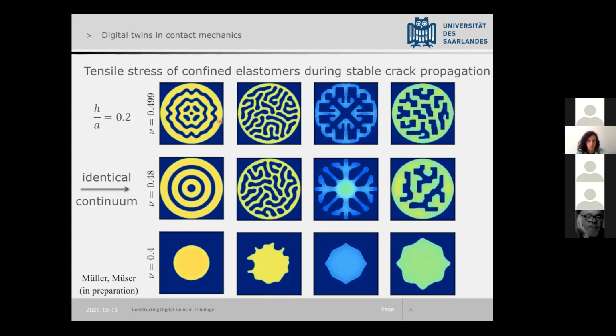So what you just saw in the movie was basically a cross-section across one such layer, where yellow is contact and blue is non-contact. So here you see the stress. And so in each row here, we have the exact identical continuum description, but we do some details different in the way how we solve continuum mechanics.